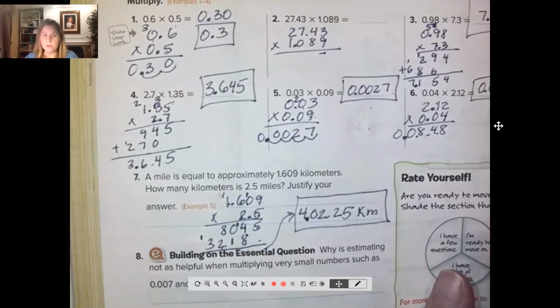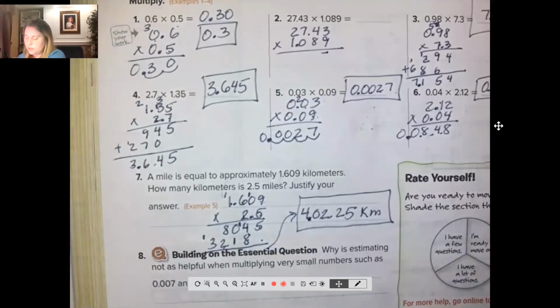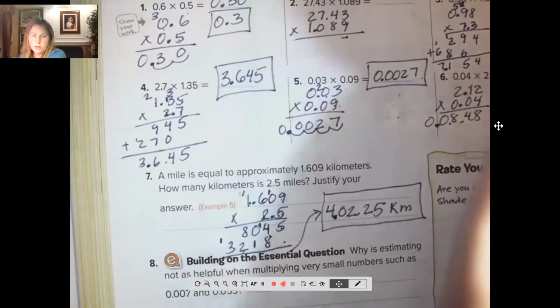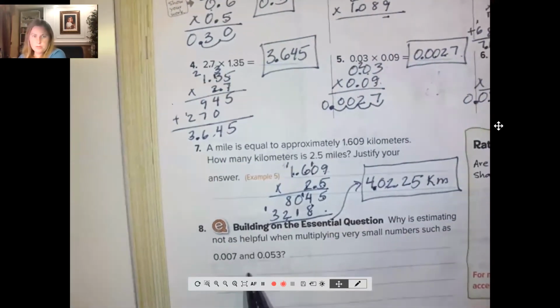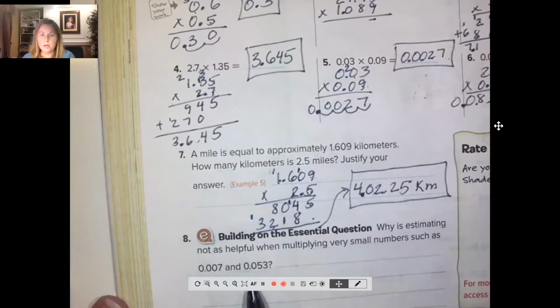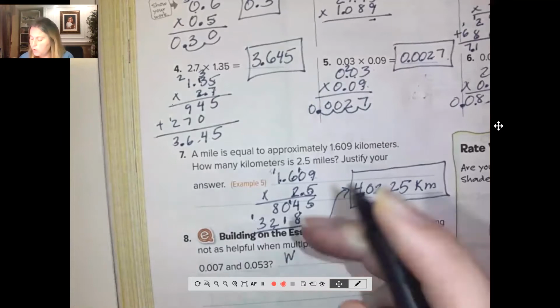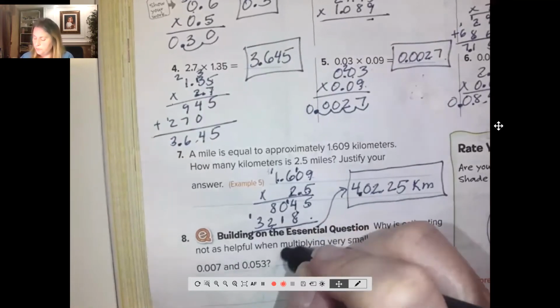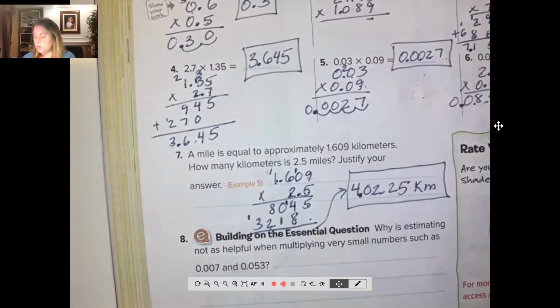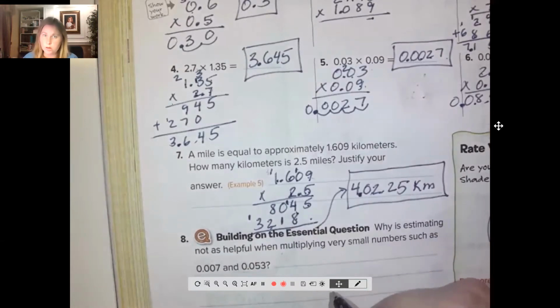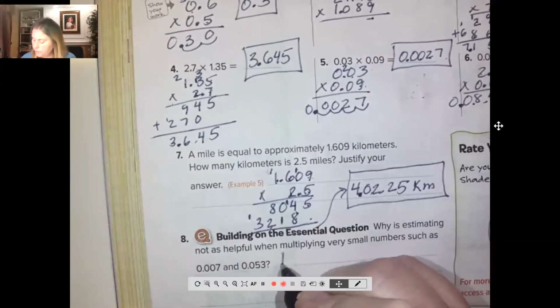We just don't have a really good grasp of small numbers, like 7 thousandths. We don't have as strong of a grasp. We're not as familiar with working with very small decimals. We're working with whole numbers all the time, so most people are not as accustomed to working with small decimals.